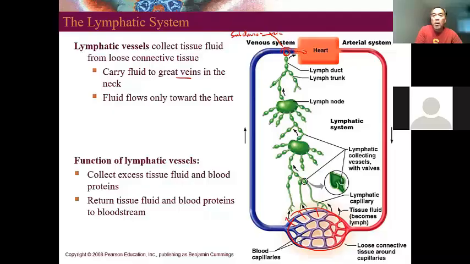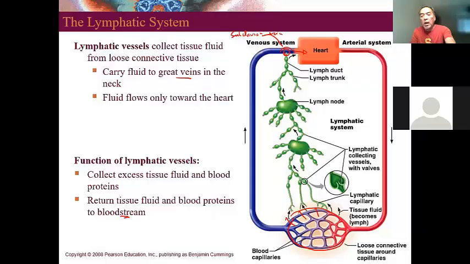So it'll follow the venous drainage down to the heart, specifically the right atrium, then it goes through the chambers. Now, the function of the lymphatic system: they collect the excess tissue fluid, so these are excess tissue fluid and blood proteins also. Okay, because that's located in your lymph. Lymph means fluid, okay? And it turns it back into the bloodstream, right?